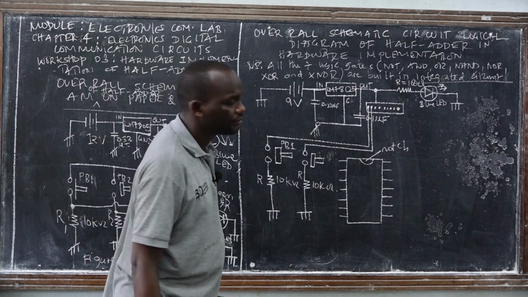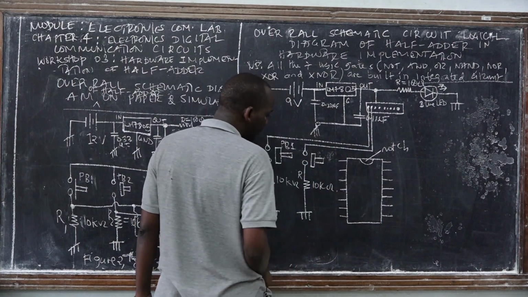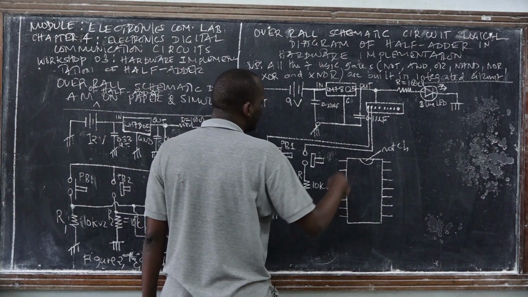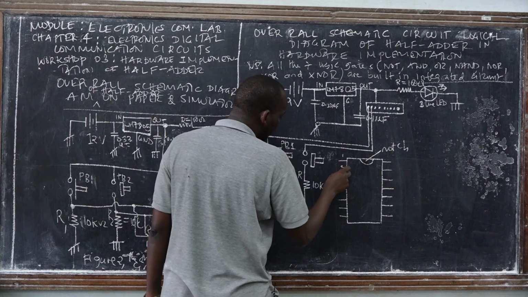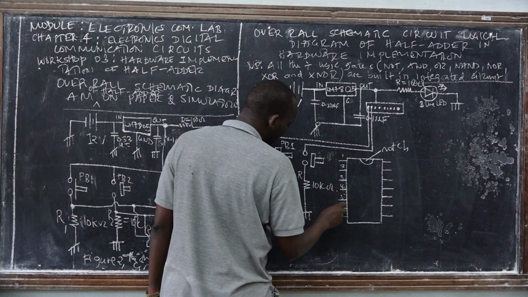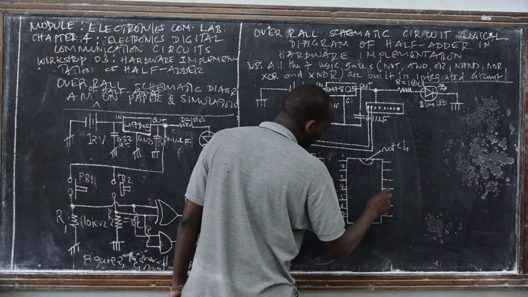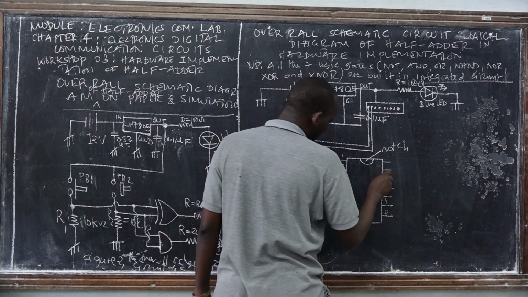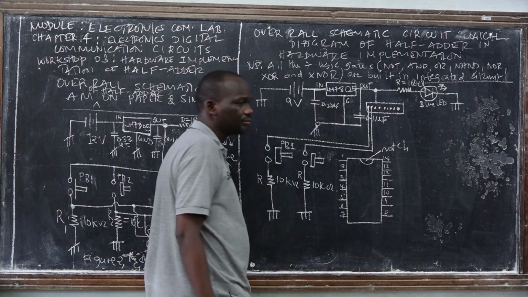Say notch. By using this notch, we can count the pin numbers of any integrated circuit in anti-clockwise direction. So this is pin number 1, 2, 3, 4, 5, 6, 7, 8, 9, 10, 11, 12, 13, pin number 14.